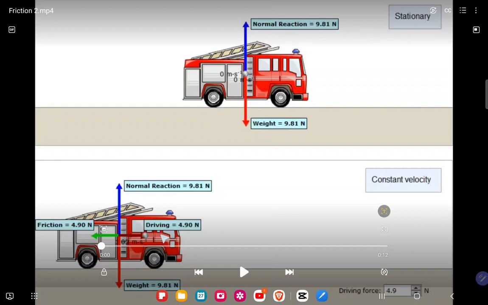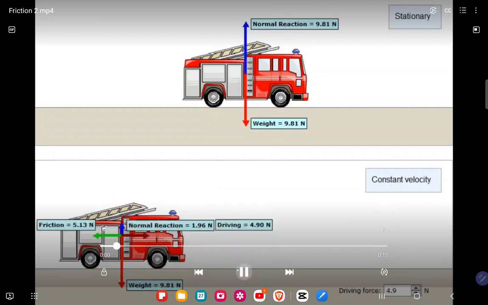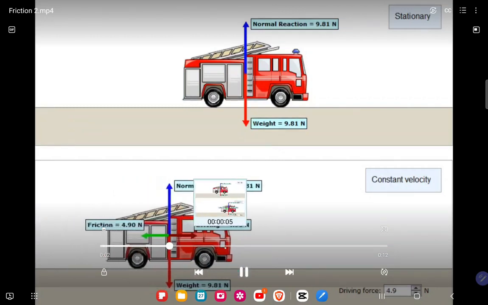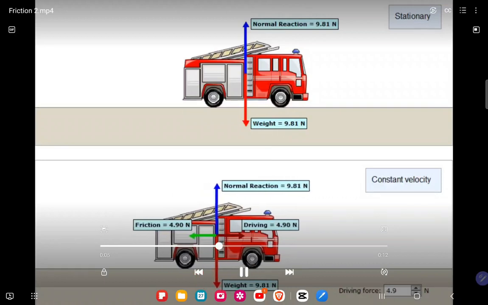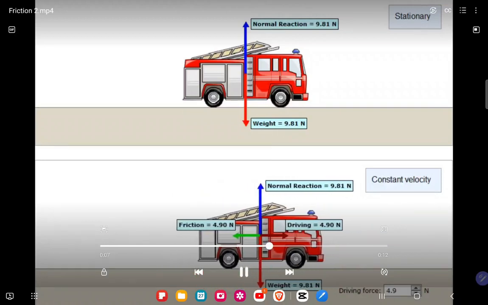Once we give the car a driving force equal to the frictional force, the car will move with constant velocity. Let's see what's here. As we can see, the object is moving with constant velocity.